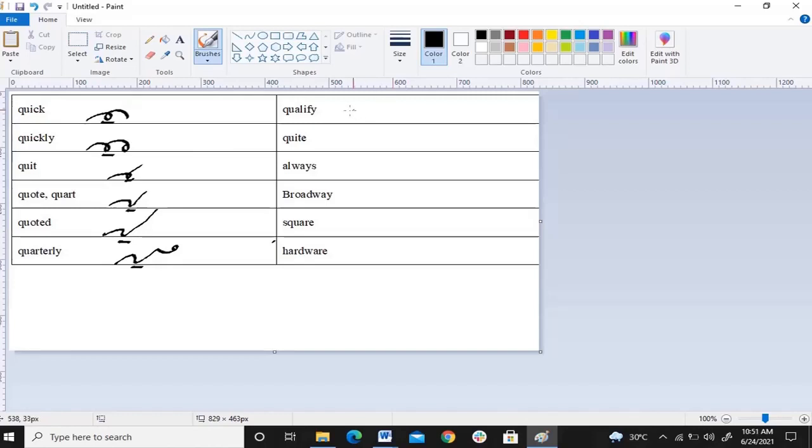So, qualify. Pero sa kanila, qualify. So, it's K-U-L-F-I. Qualify. So, natanggal na naman yung I doon. So, lagay natin yung W sa baba ng O.